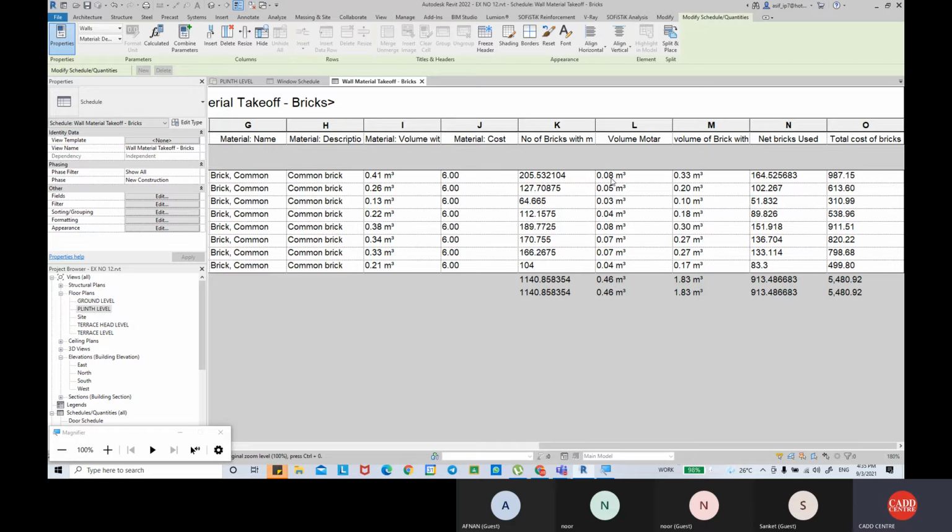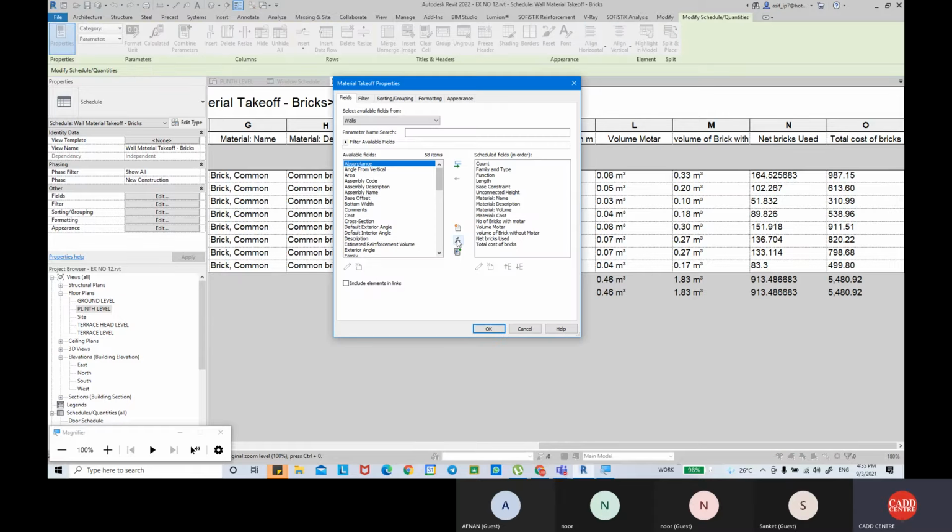So the sum ratio would be what? It would be 1 plus 3, that is equivalent to 4. Now we need to find the cement volume. To find the cement volume, I'll input a formula.